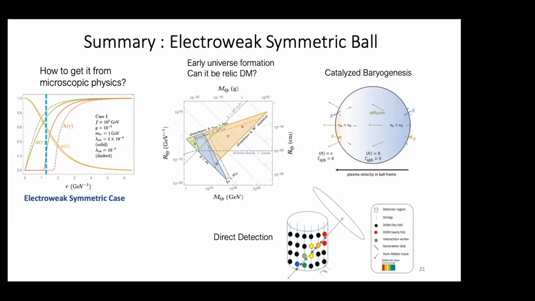A very quick and dumb question. These electroweak balls are essentially a region of space where the field value is different than the vacuum, so presumably they have some pressure as well. Is it clear that they are stable?